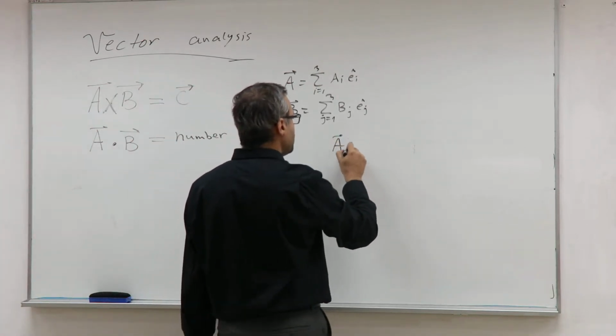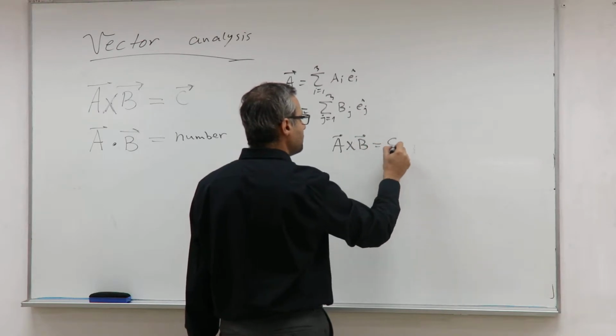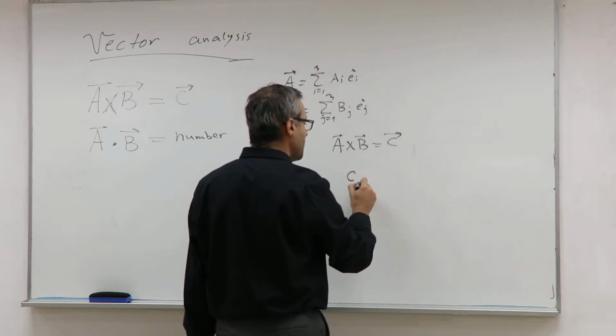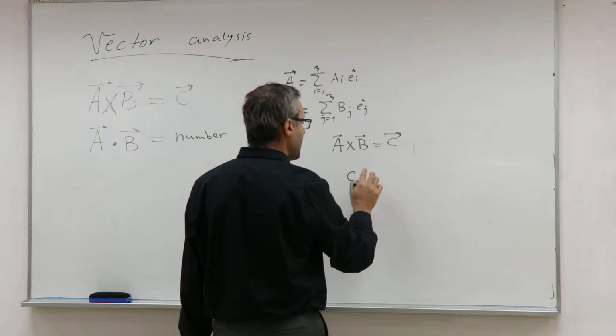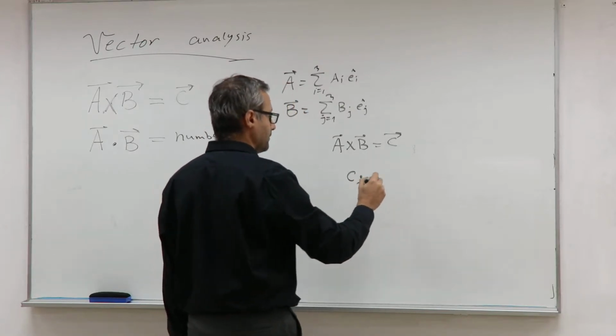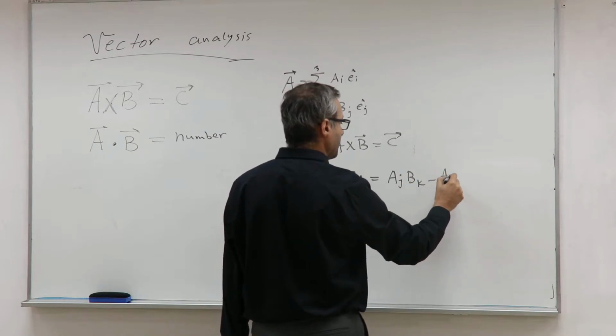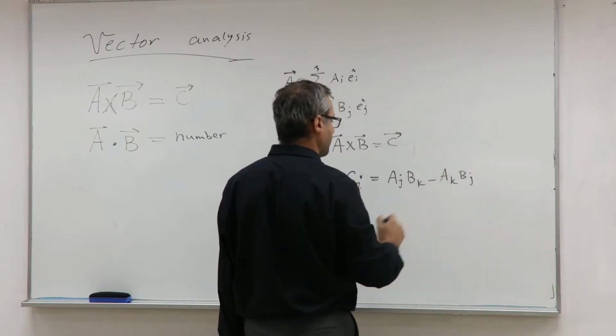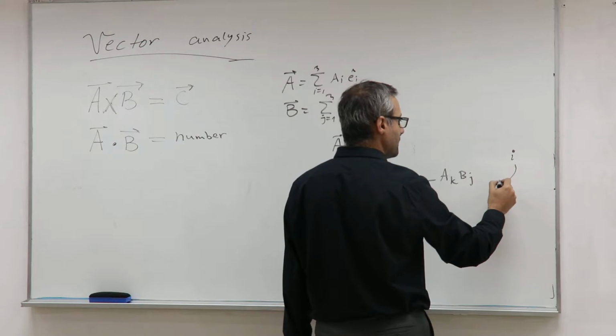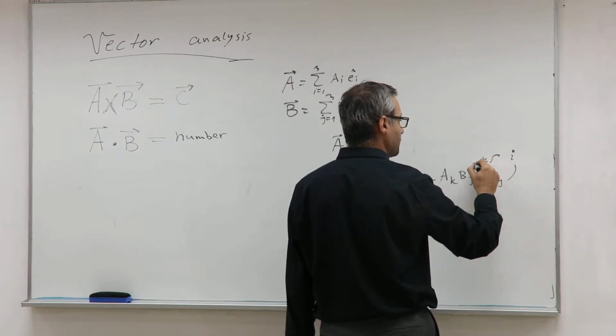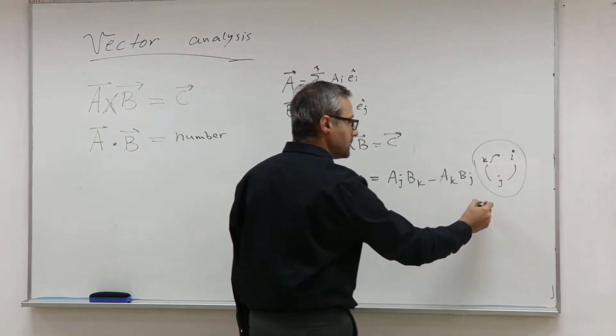I define A cross B as the vector whose component is cyclic.